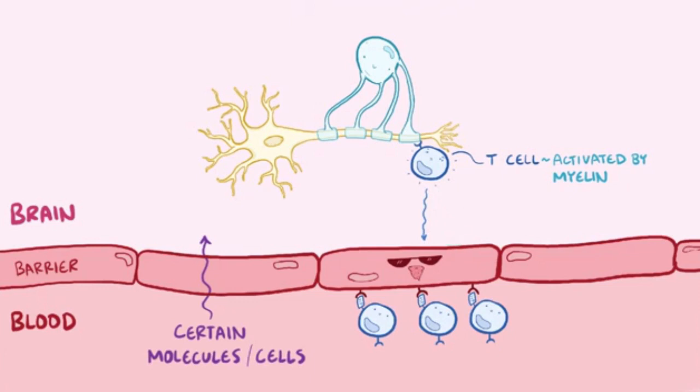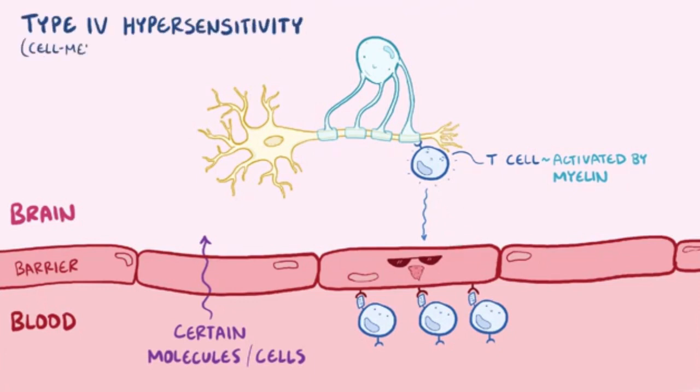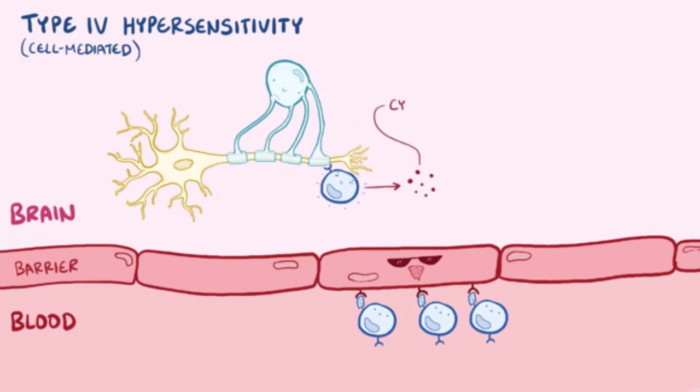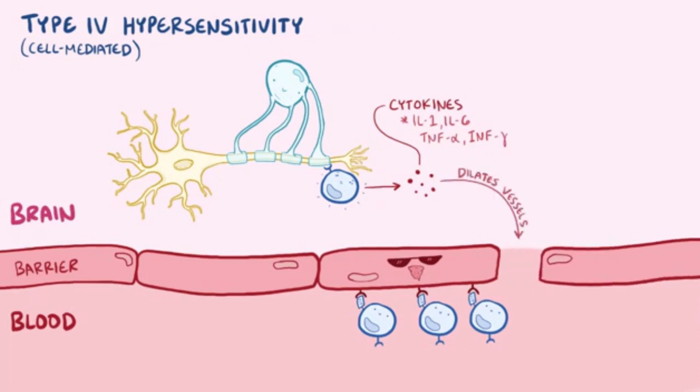So there will be a cell-mediated hypersensitivity reaction which results in the production of cytokines, interleukin 1 and 6, and interferon alpha and gamma. These substances will again dilate the BBB, which leads to the entry of B cells and macrophages into the brain through the blood-brain barrier.